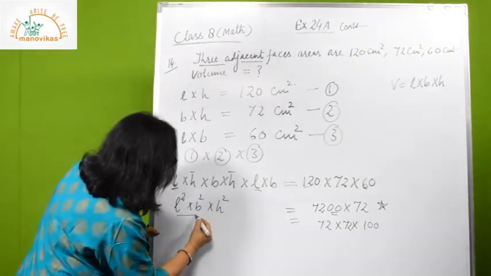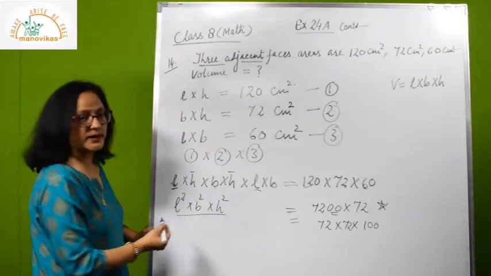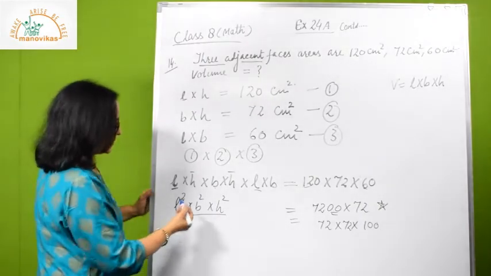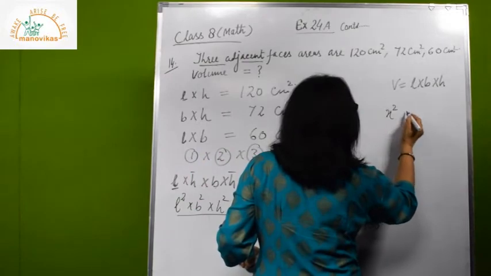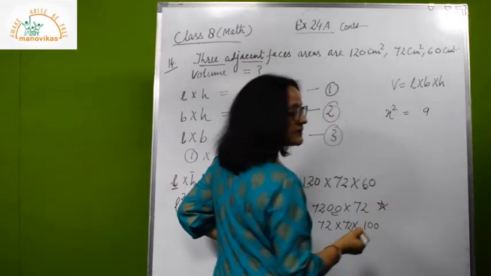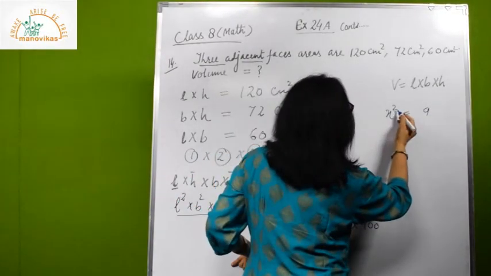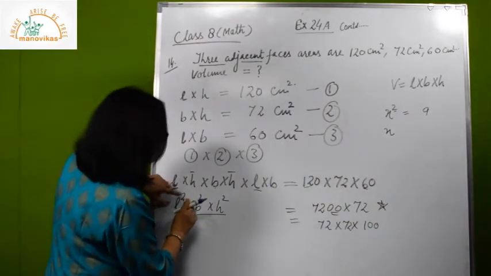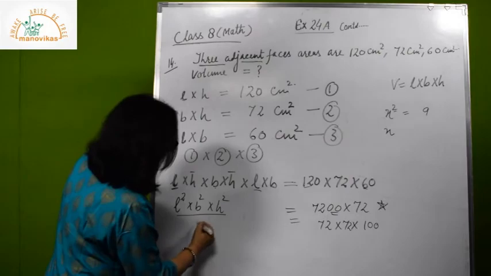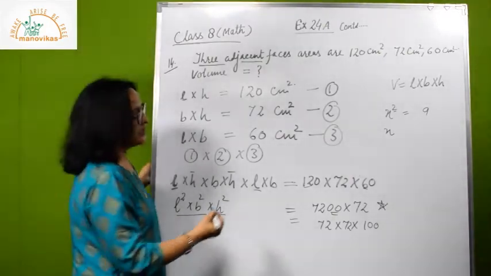Now, this is length into breadth into height, but with squares. Okay. So, what do we do? Suppose we have x square is equal to 9. But we have to find x only. When it will become the volume, when these two are not there, only L into B into H are there.